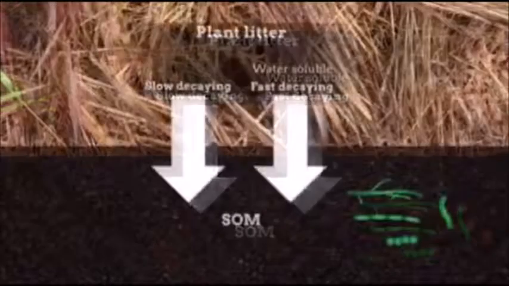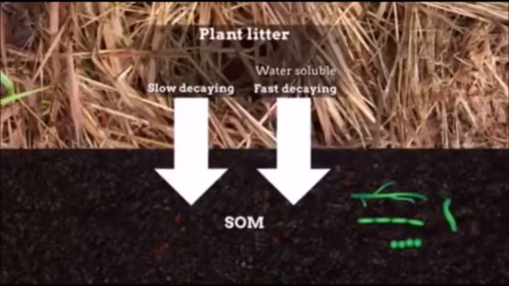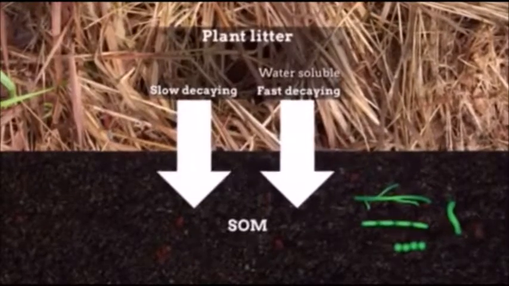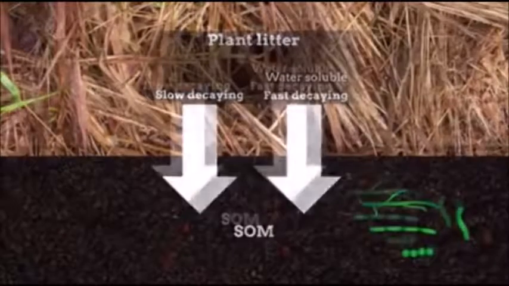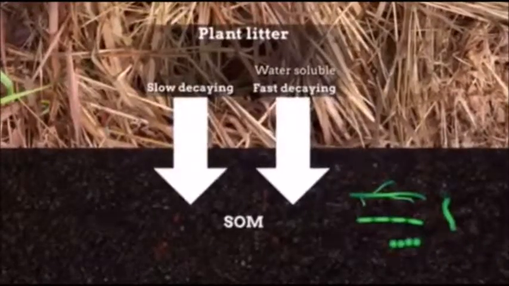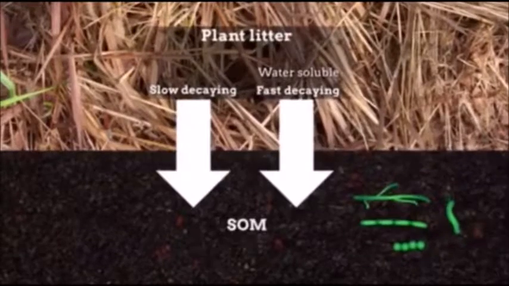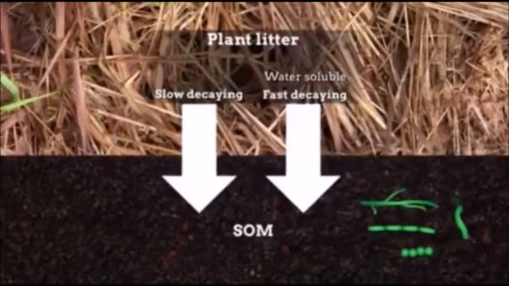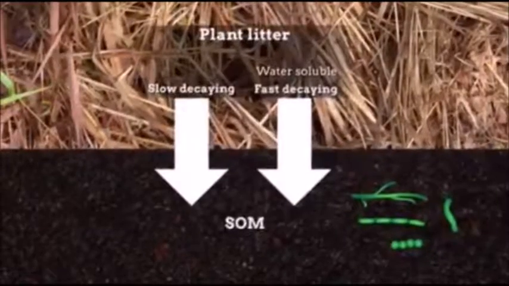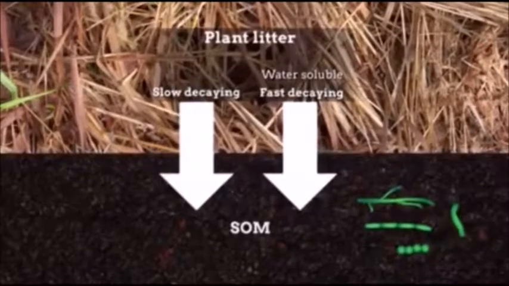It has long been assumed that stable SOM is almost exclusively formed from the slow decaying plant litter component. However, new evidence suggests that the water-soluble litter component, which can be efficiently transformed by microbes, can also form stable SOM, where the stability is provided by binding with minerals.